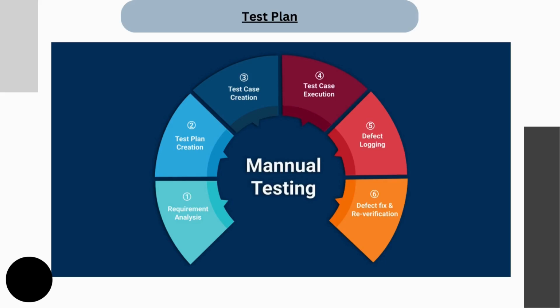We approach testing through a structured plan, starting with requirement analysis, then test plan creation, creating a plan for the tests, followed by test case creation. From there, we executed the tests, logged defects, and finally fixed and re-verified any issues.